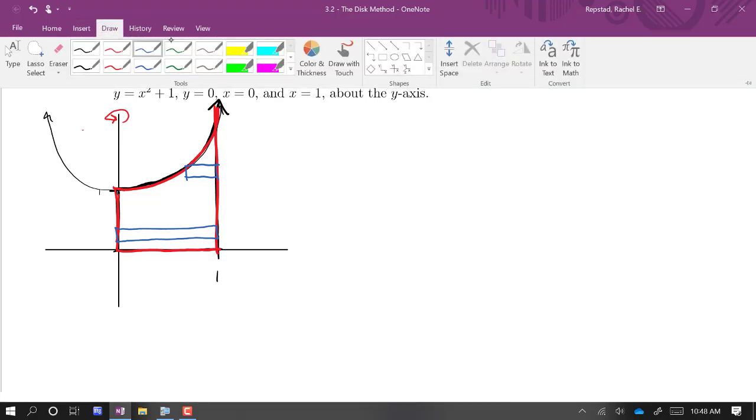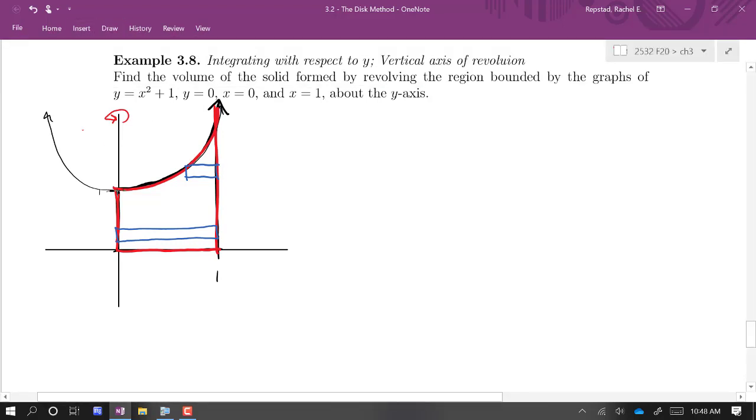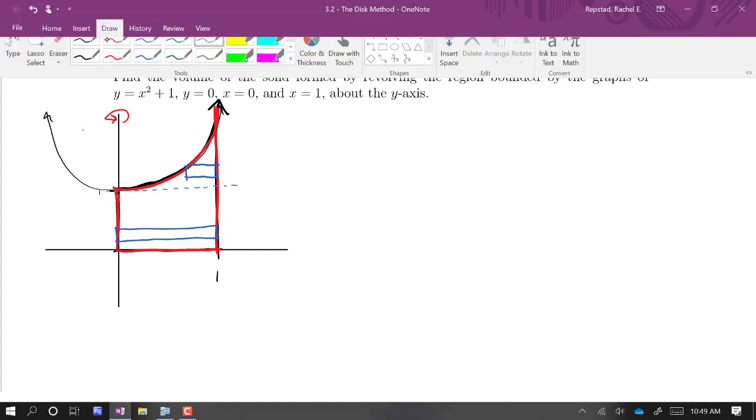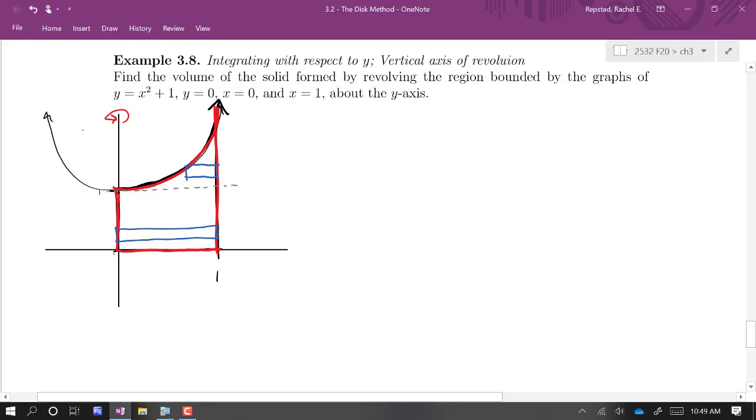And what we're going to do, I'm going to draw a little boundary, a little border. We just have to deal with what's below the dotted line separately from what's above the dotted line. What's below the dotted line we could deal with really quickly. When we revolve this bottom rectangle, it's really just one rectangle.